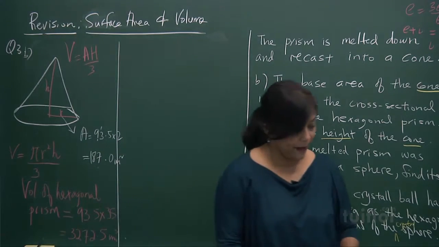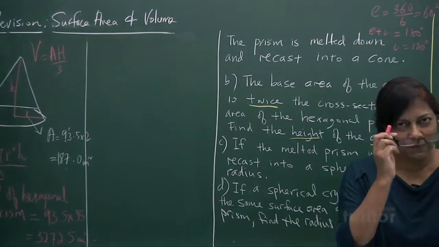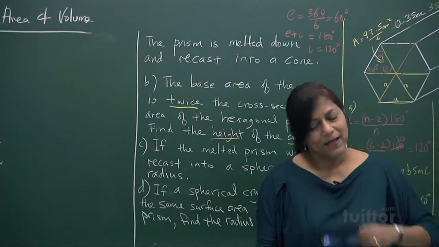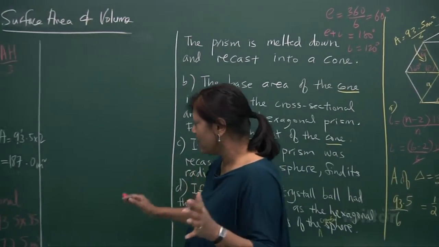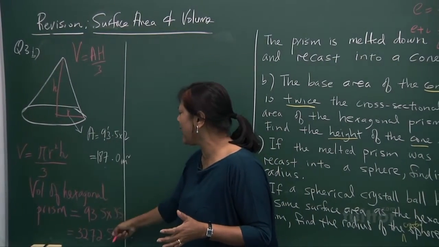I'd better wear my glasses to see if I'm seeing the decimal point right. Now always be careful, avoid careless mistakes. So it's 3272.5 cm cube. Units must be written. And this prism has the same volume.